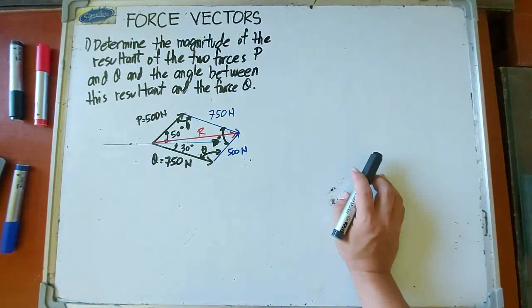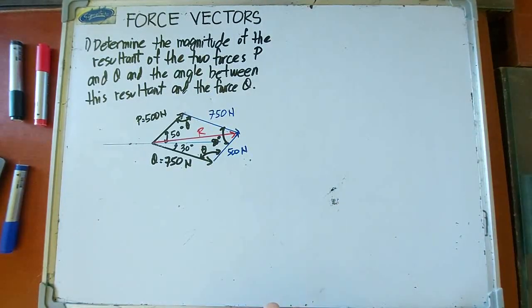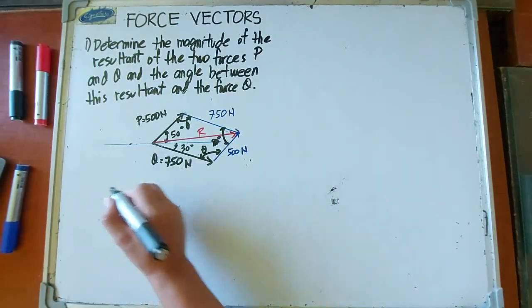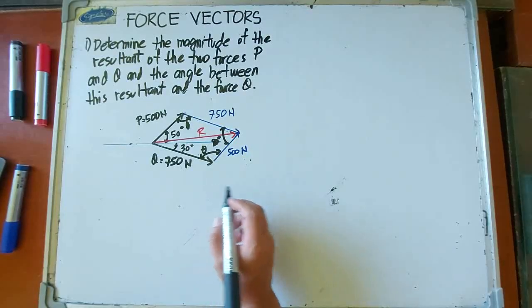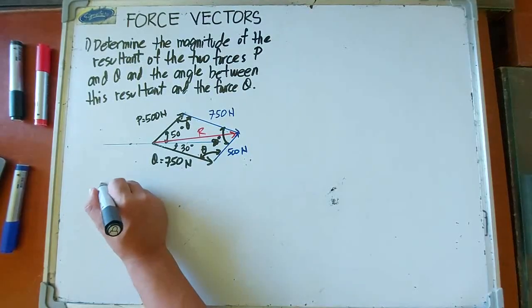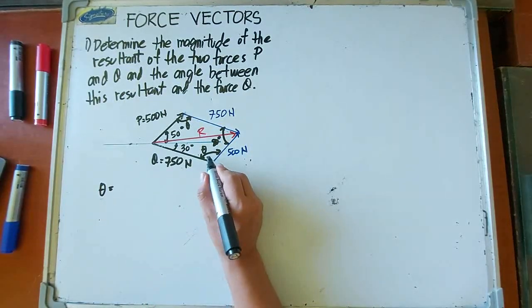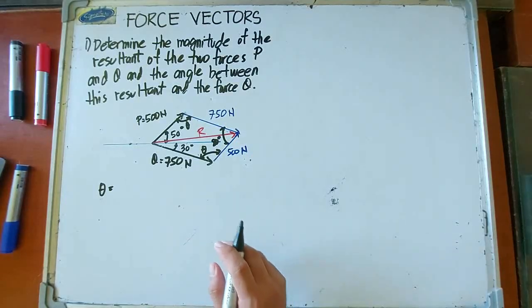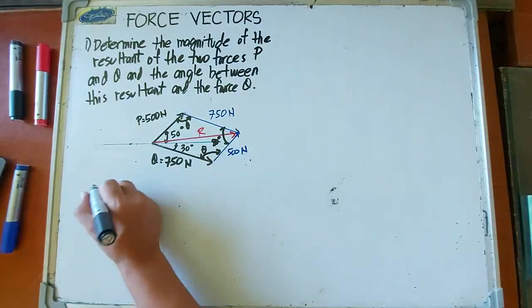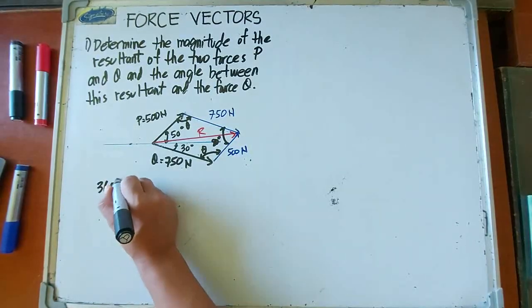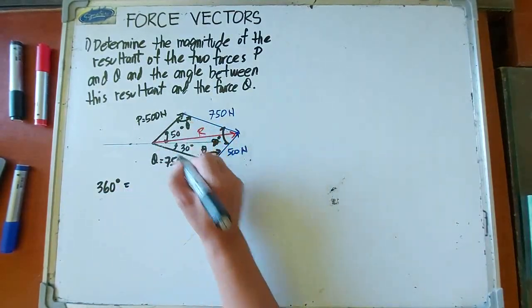Okay. So to solve for the angle theta, we know that the total interior angle of the parallelogram is 360 degrees. So 360 degrees is equal to the sum of all interior angles.